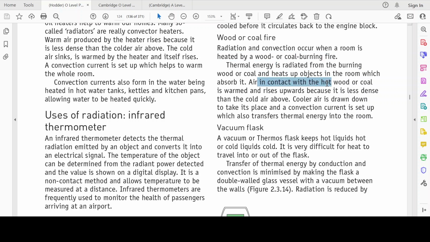Air in contact with the hot wood or coal is warmed, and the cooler air comes down. So initially the heat is transferred by radiation, but that causes the heating and sets up a convection current. So radiation leads to convection in this heating process.